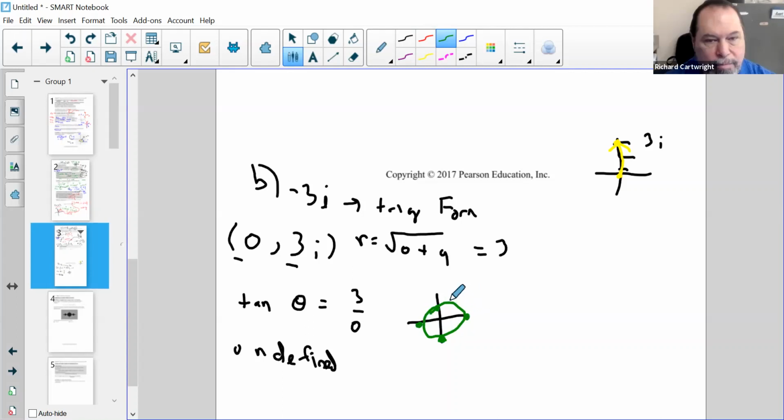Well, I hope you say it's the point where the x value is 0, because this is y over x. So where is the x 0? X is 0 here, and x is 0 here.